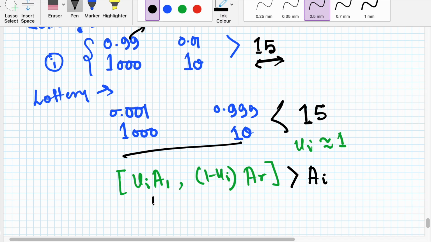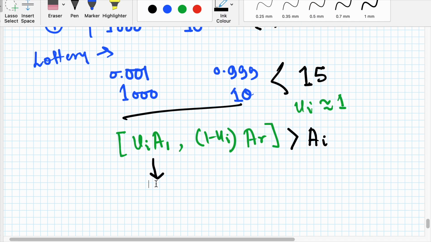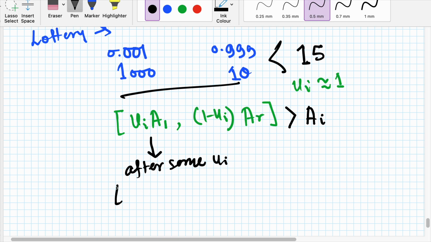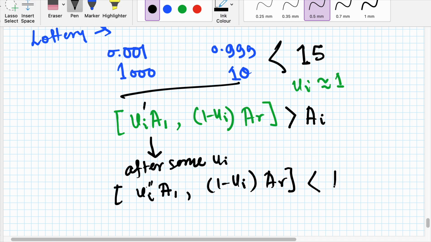And now if I start to decrease UI, after some UI that preference will flip, because if I decrease UI, the probability of getting the highest prize is decreasing. So after some UI you will find that the lottery A1 with probability UI and AI with probability 1 minus UI is not preferred over AI.